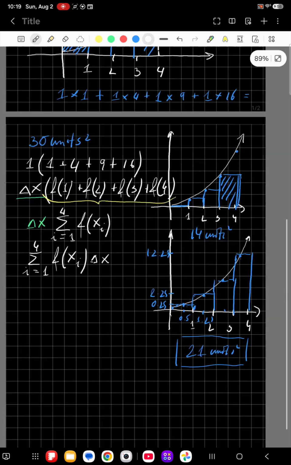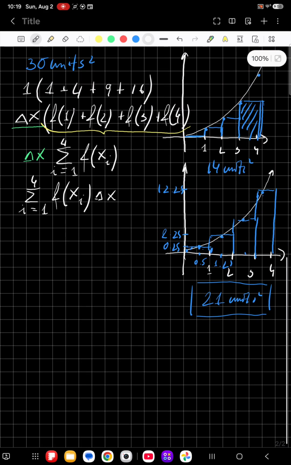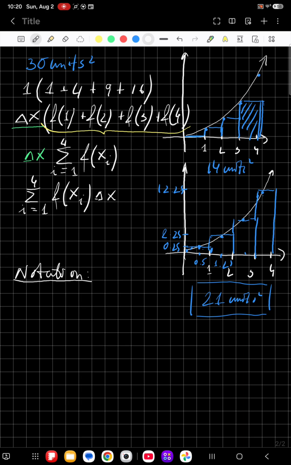So let me explain that notation a little bit. Hopefully you've seen a little bit of it in pre-calculus, I'm not sure. Anyway, let's say I have a sum with 12 elements, from 1 to 12.